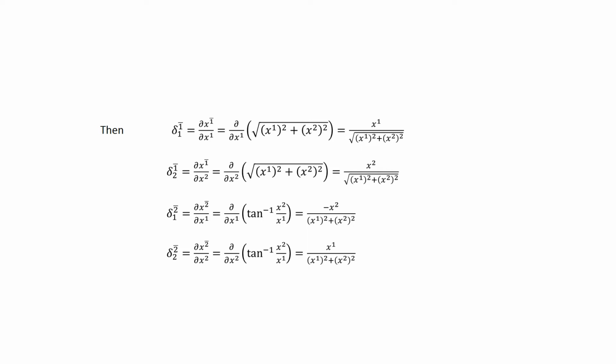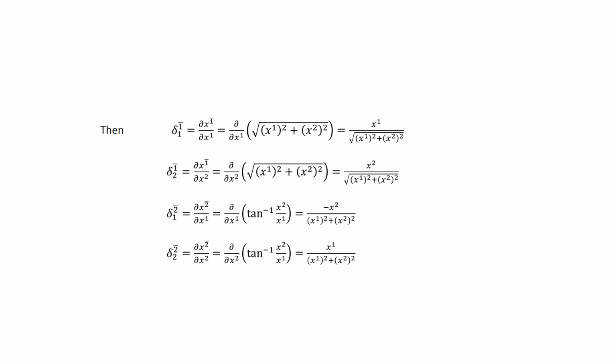So the third term, delta 2 bar 1. Delta 2 bar 1 means partial x2 bar over partial x1. X2 bar is equal to theta, and as we know theta is equal to tangent inverse y over x.